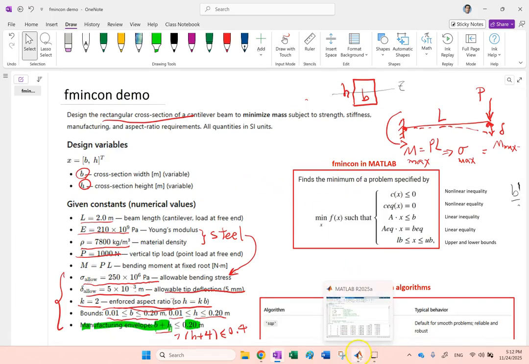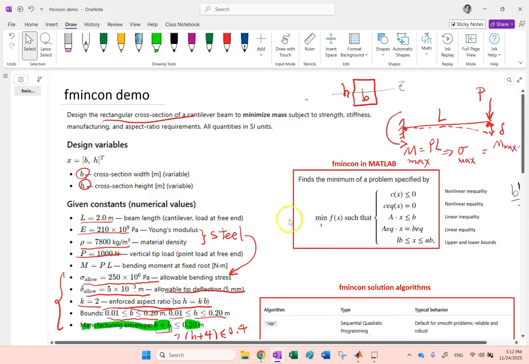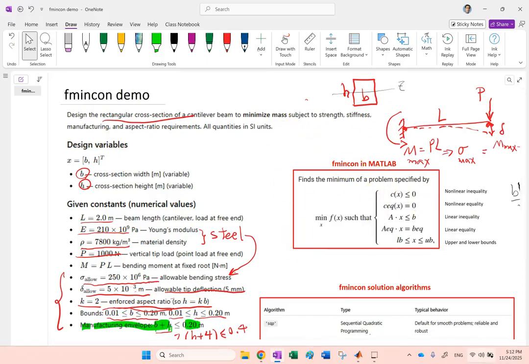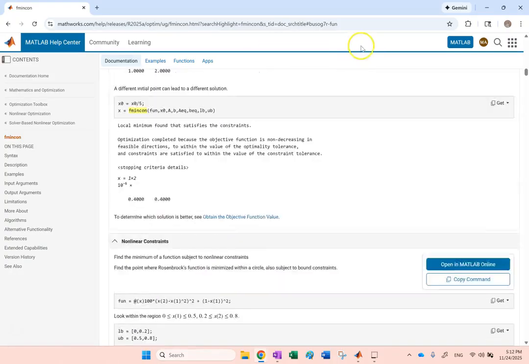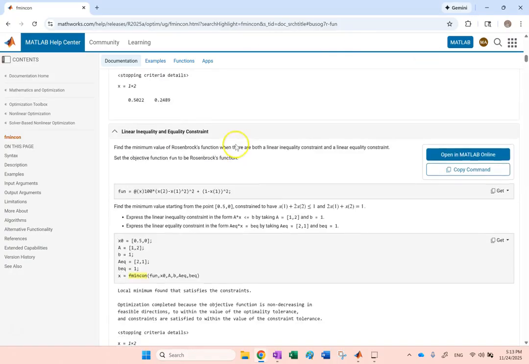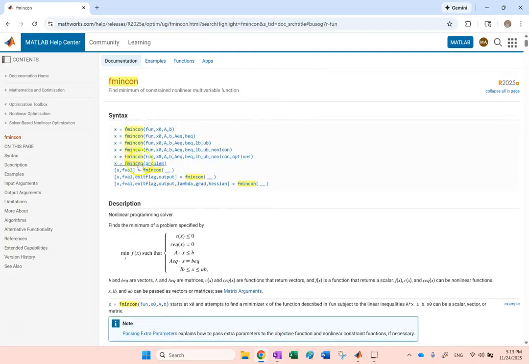Let's take a look at this function. Now, as I said, the command to use is fmincon. And if you look at the syntax of fmincon in MATLAB, you are going to see how this function is used. So if we go to the help page for it, you can see that this is the most general line, this line 5. You pass to it the function, you pass to it the initial guess, A and B for linear inequality, Aeq and Beq for linear equality.